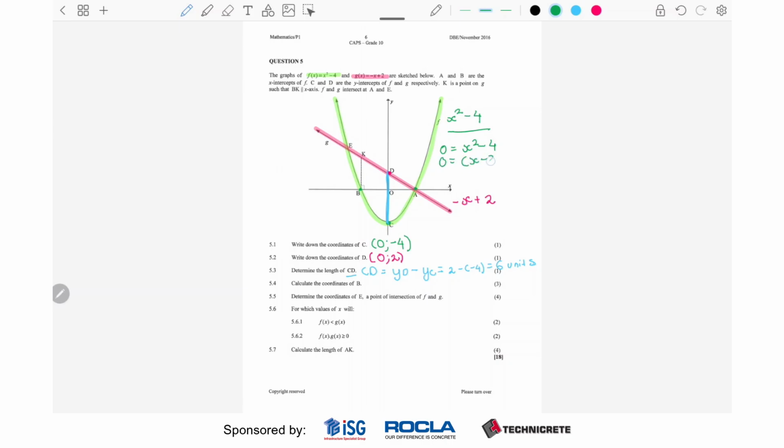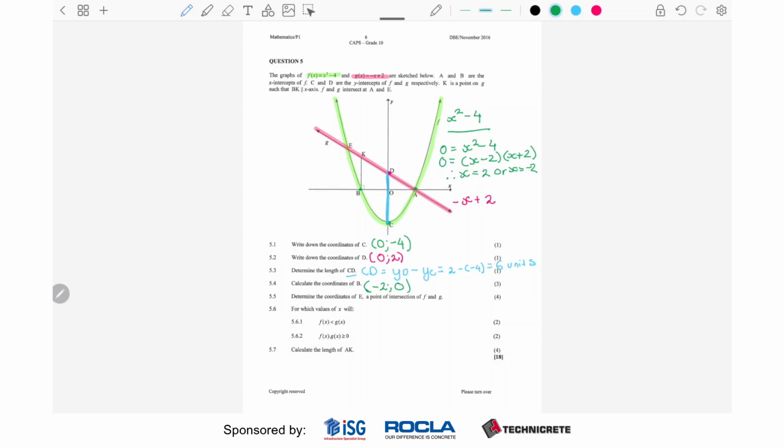So you have x minus 2 and x plus 2. Therefore, x can either be 2 or x can be negative 2. Since B is on the negative part of the graph, the coordinates of B will be (-2, 0).